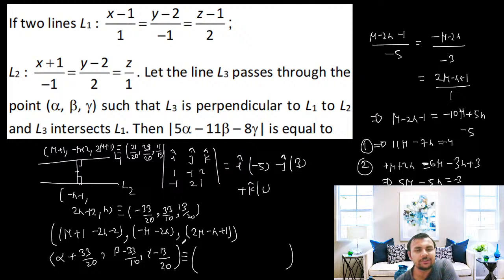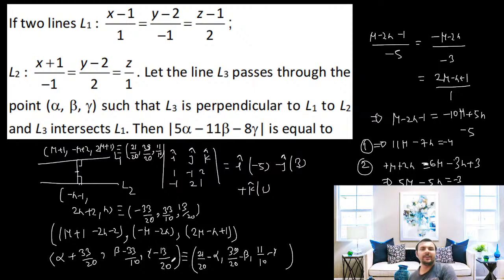So if we do, it is 21 by 20 minus alpha, 39 by 20 minus beta, 11 by 10 minus gamma.